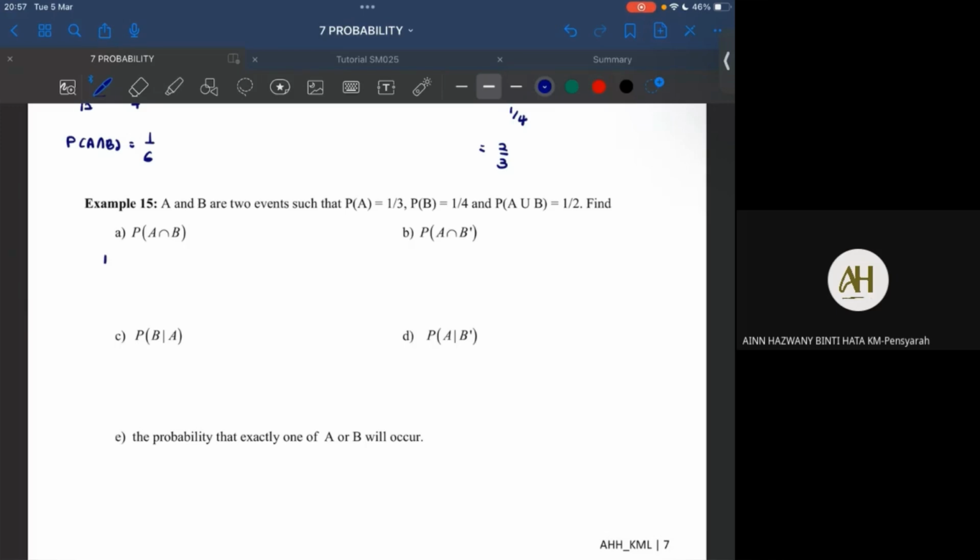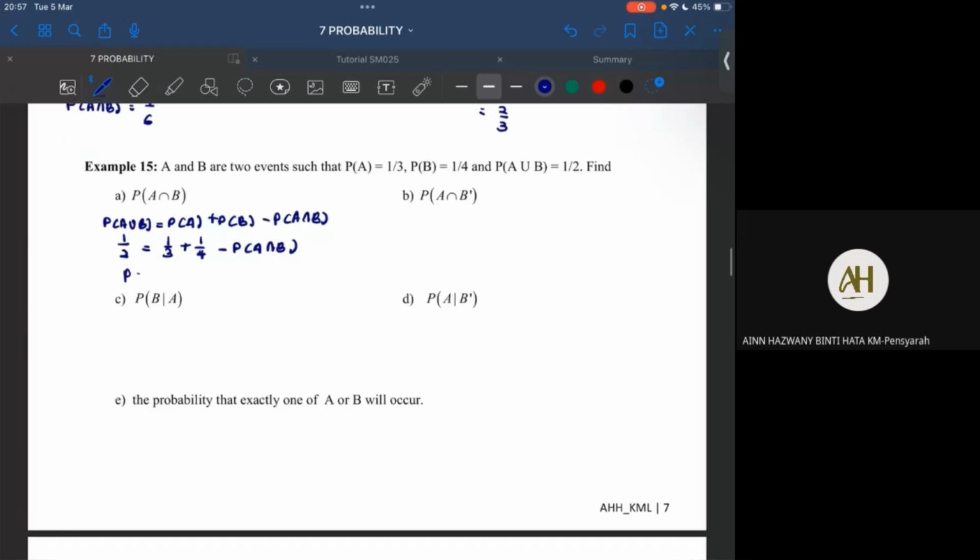This comes from formula P(A union B) equals to P(A) plus P(B) minus P(A intersect B). This is given in the question 1/2, 1/3, 1/4. This is what we want to find, and that will be 1/12. Sama je lah macam soalan atas.